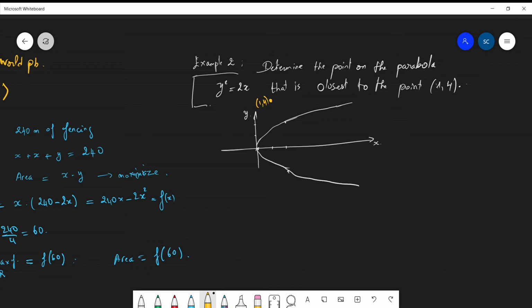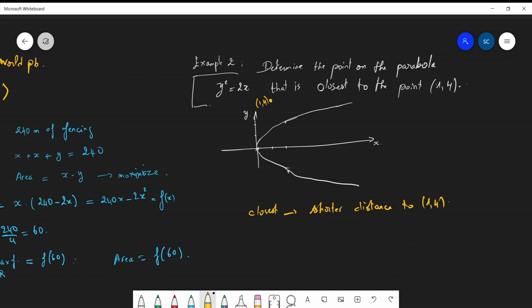Now, the word problem is the difficulty in this kind of problem. Just interpret each word, what does it mean, and what suitable tool to use to solve the problem. So we want the closest. That means it is asking about the shortest distance to 1, 4.